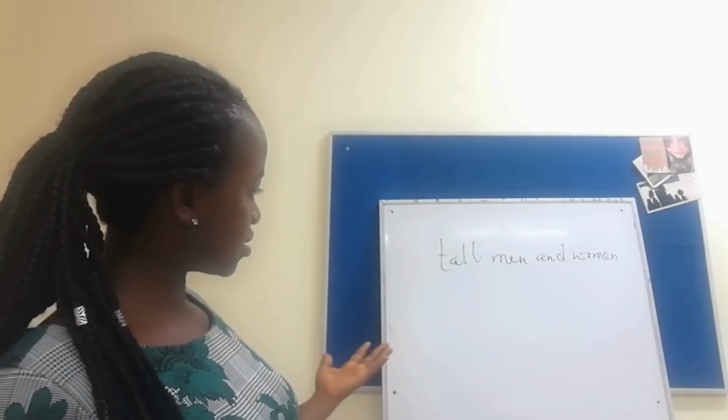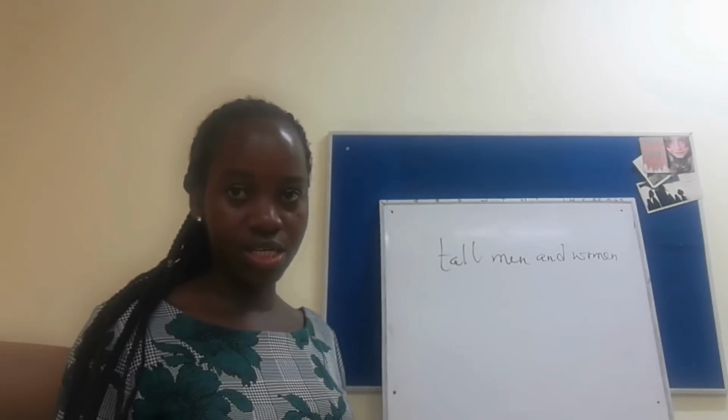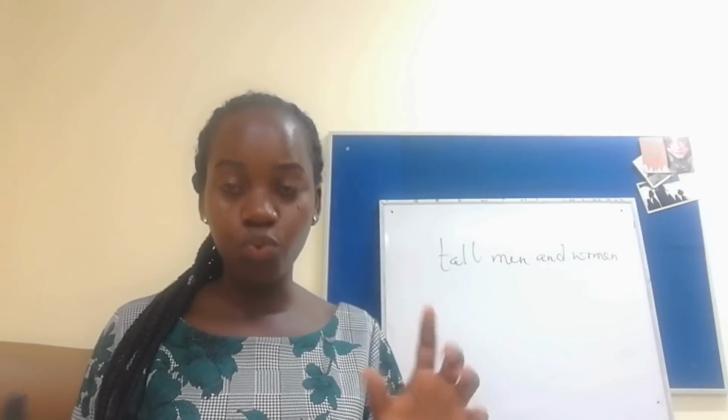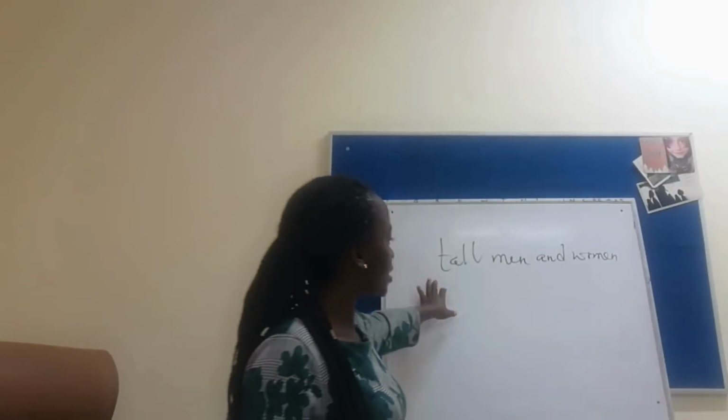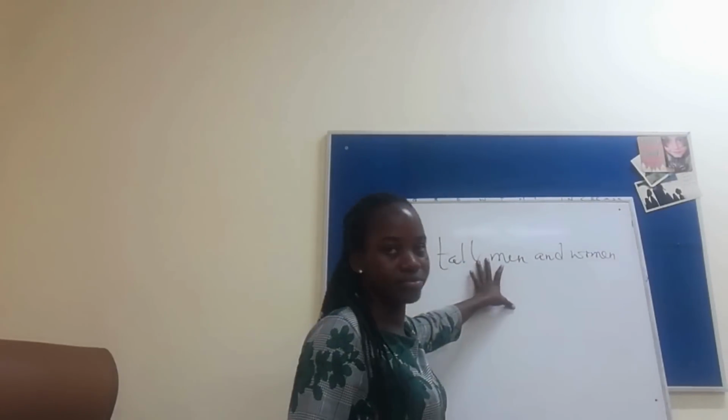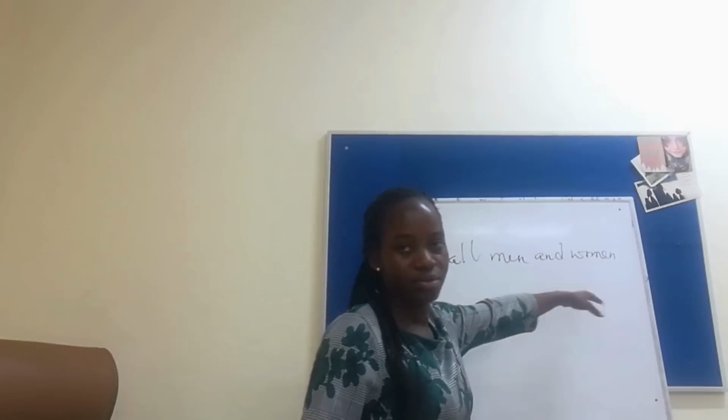So for this one, the possible answers could be: the security agency enlists men and women who are tall, because it looks as if the tall is for just the men.